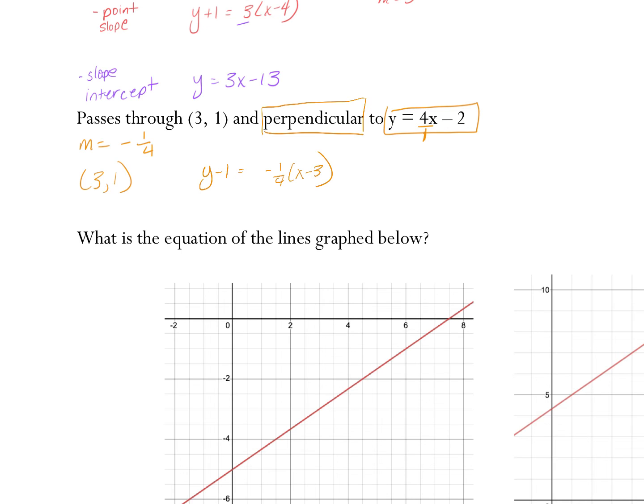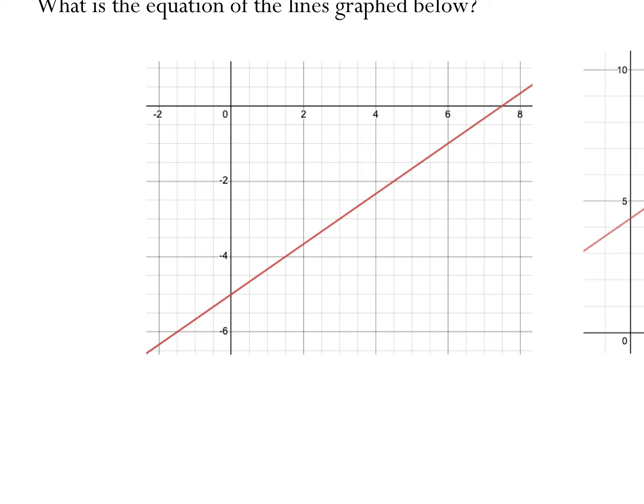And what does that make my y equals negative 1/4 x plus 7/4. Theo, when you distribute this negative 1/4, a negative times a negative would be plus 3/4. Was I right? Yeah. All right.